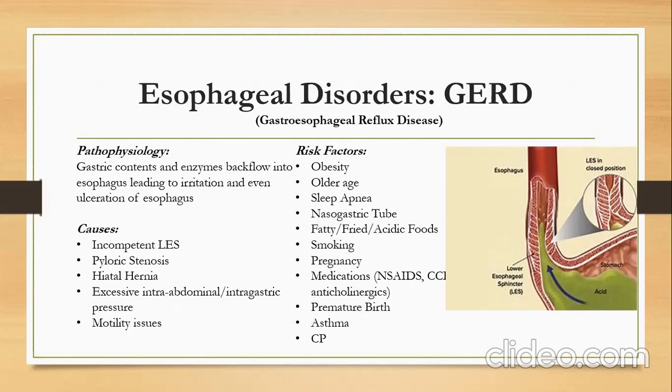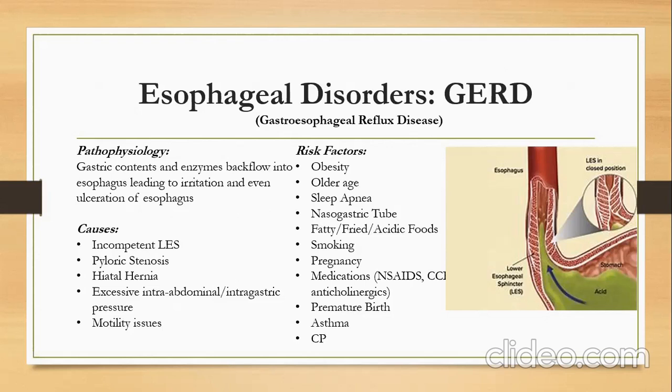What's happening with GERD is the gastric contents, gastric or gastro always refers to stomach. So the stomach contents and enzymes, AKA the stomach acid, is backflowing into the esophagus, leading to irritation and can even cause ulceration of the esophagus, which would then be a peptic ulcer, right?